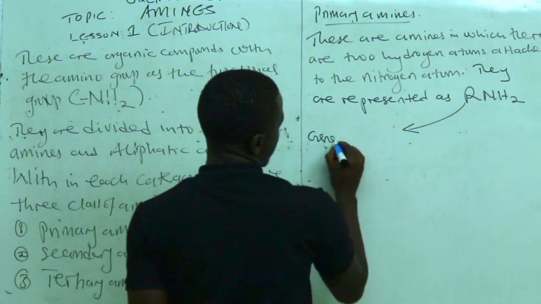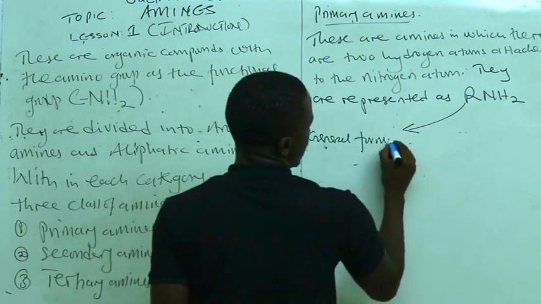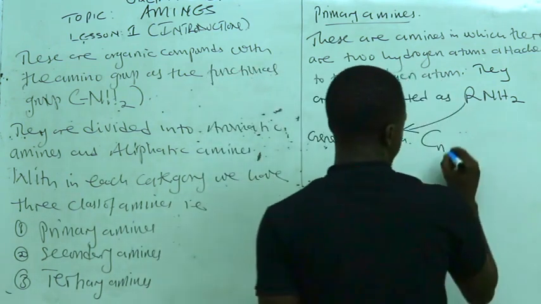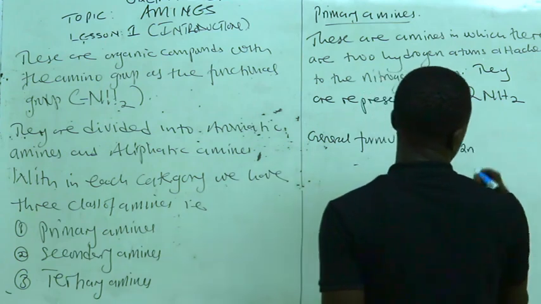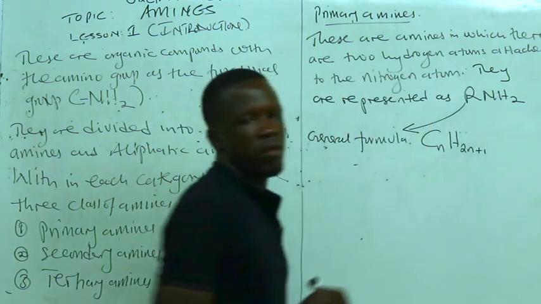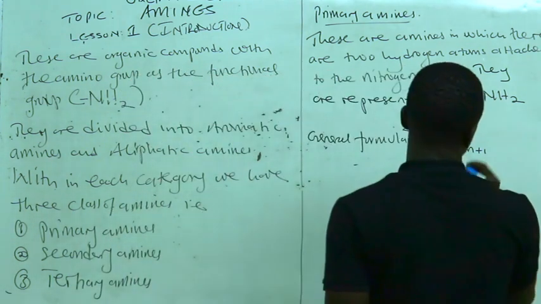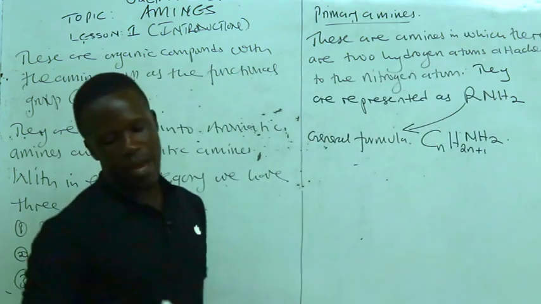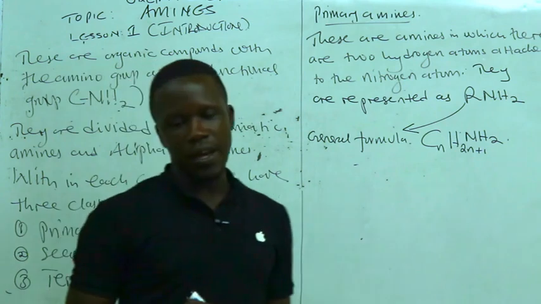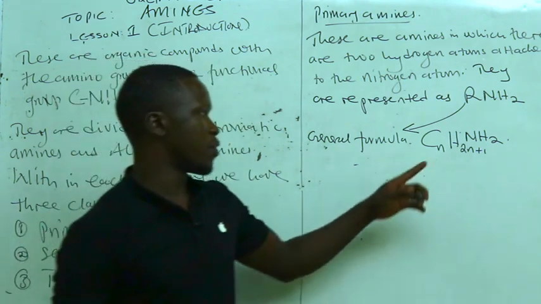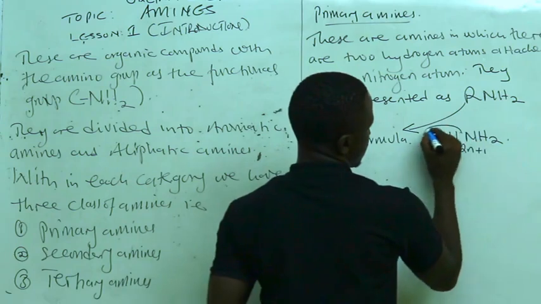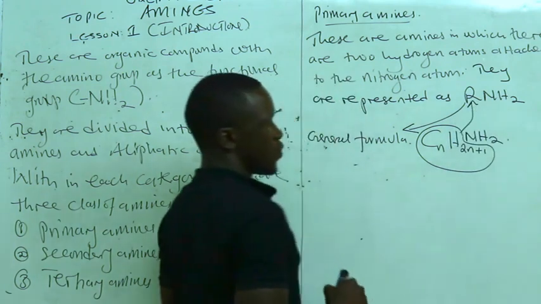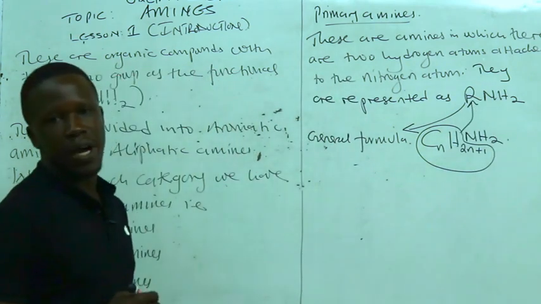Therefore, the general formula of the primary amines will be CnH2n+1NH2. This is the general formula because the whole of CnH2n+1 is the R. So that's the general formula of the primary amines.